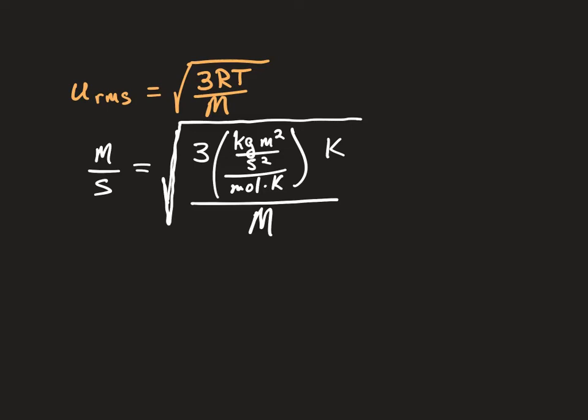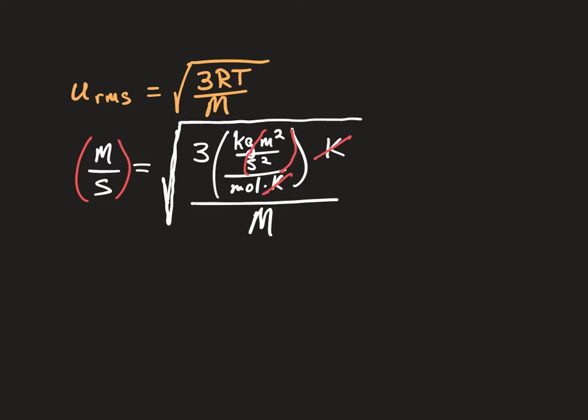So let's look at this and see what we can get rid of. We've got Kelvin divided by Kelvin. That can go. We've got a meter squared per second squared that, if we take the square root of it, can give us our meters per second.